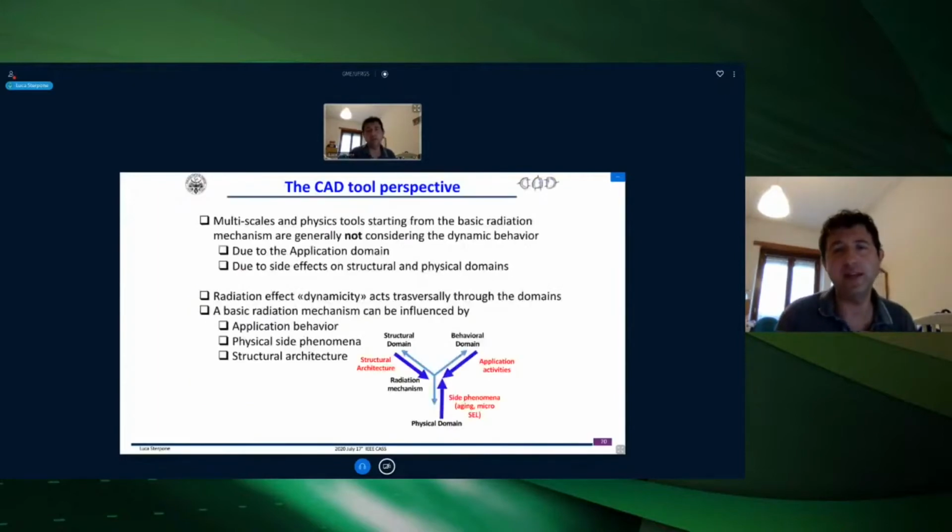So I want to have an analyzer that lets you know the probability of having an error given the radiation scenario. That's the solution.